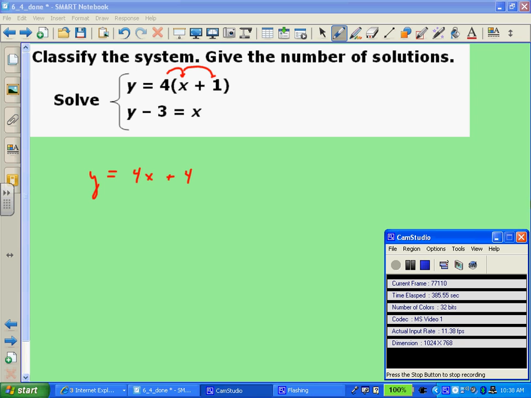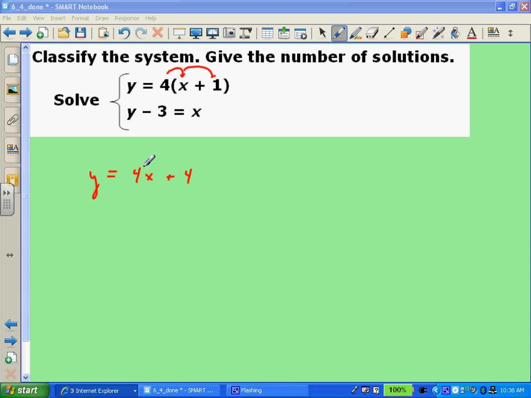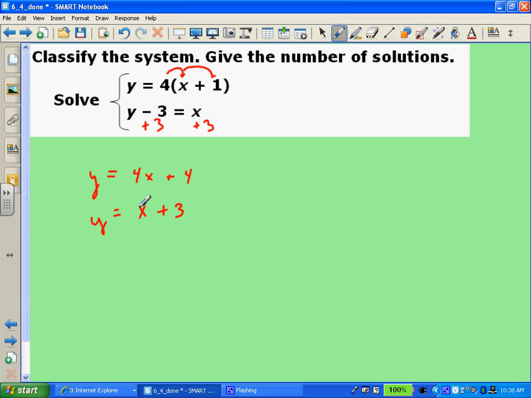And on this second one, all I got to do is add 3 to both sides. And I'd have y equals x plus 3. And you can see here, I have different slopes.